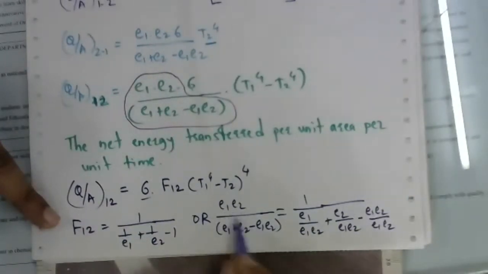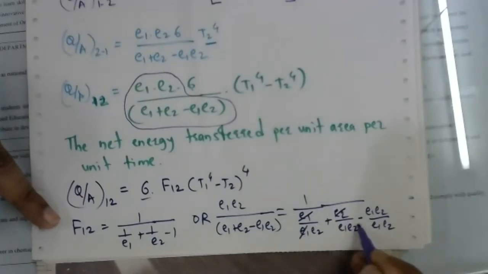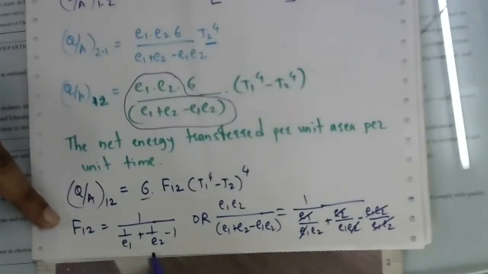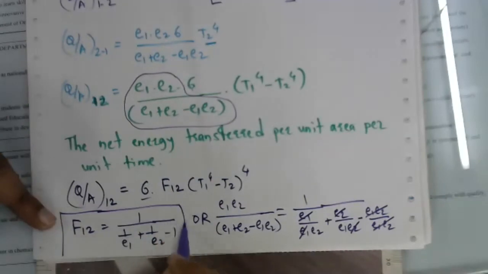So in this case this E1 gets cancelled, this E2 gets cancelled, this E1 E2 gets cancelled. So 1 upon E2 here, 1 upon E1 here, and minus 1. So this F12 is nothing but 1 upon E1 plus 1 upon E2 minus 1.